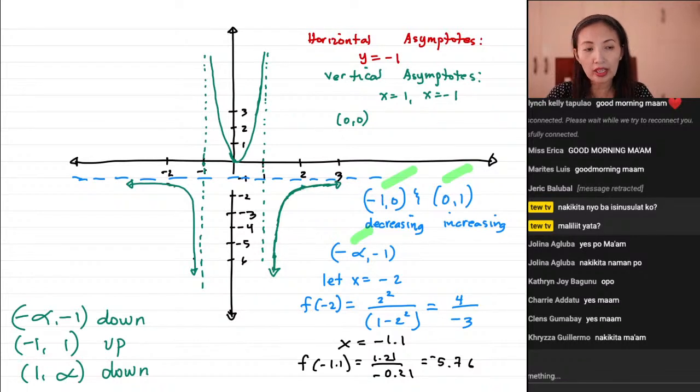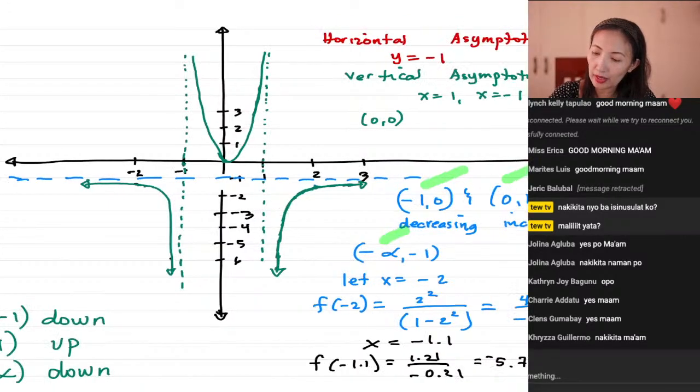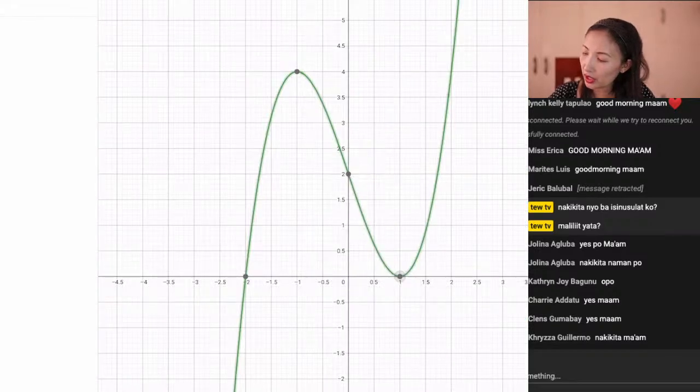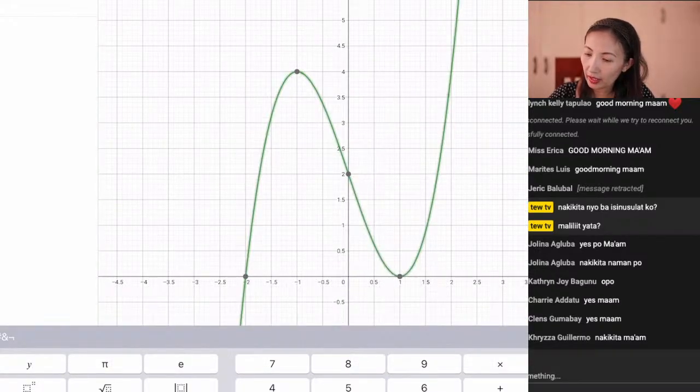Okay, now let's verify using GeoGebra. Get your GeoGebra, and encode or input the function once again. The original function given is f of x is equal to x squared all over 1 minus x squared.